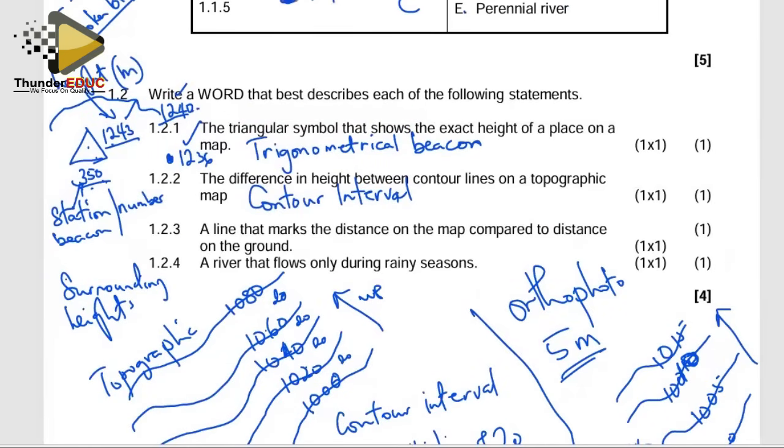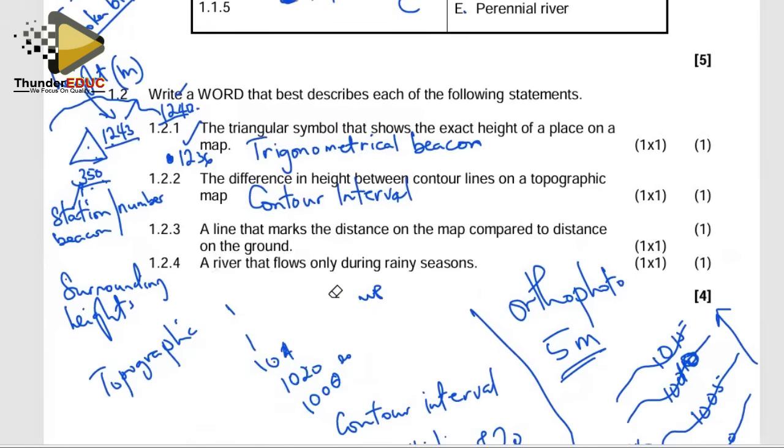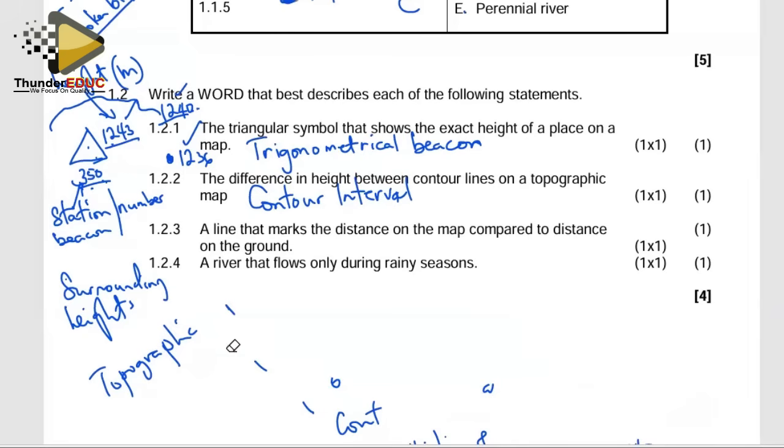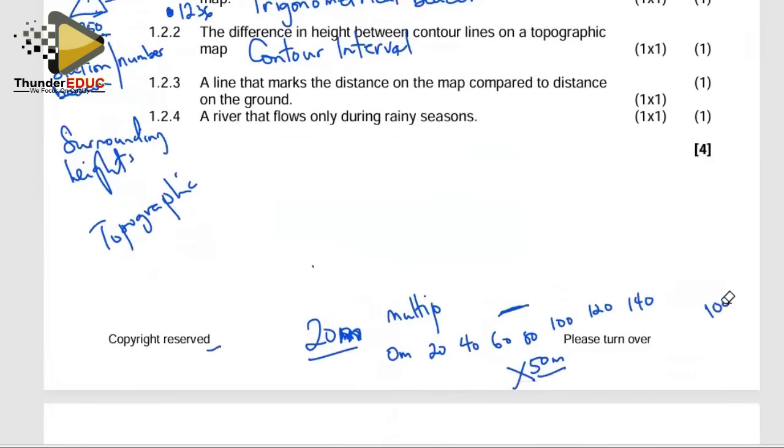The next part is saying a line that marks the distance on the map compared to the distance on the ground. We are looking at a line that is used to mark the distance on the map and compare it with the actual distance.